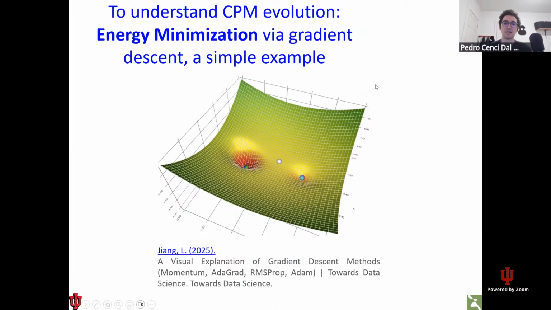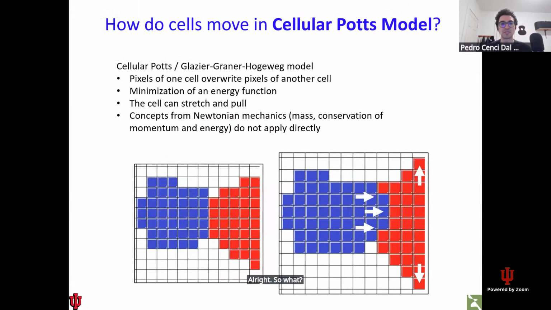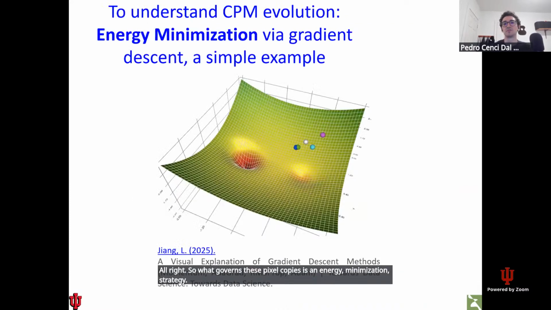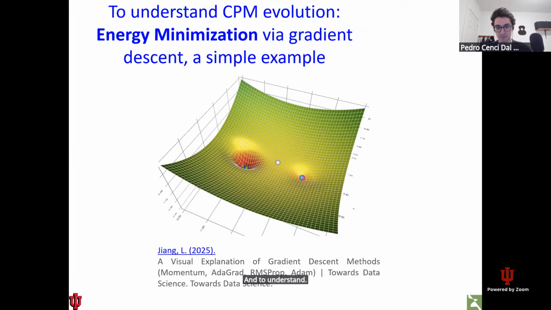All right, so what governs these pixel copies is an energy minimization strategy. And to understand exactly how energy minimization controls these pixel copies, we have to understand first what energy minimization is.